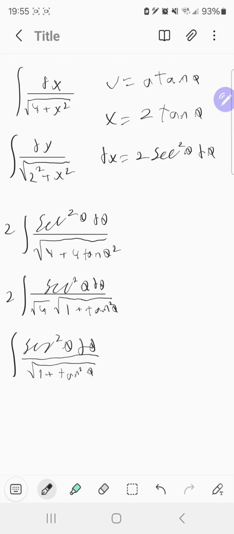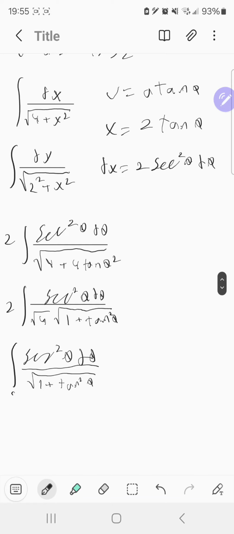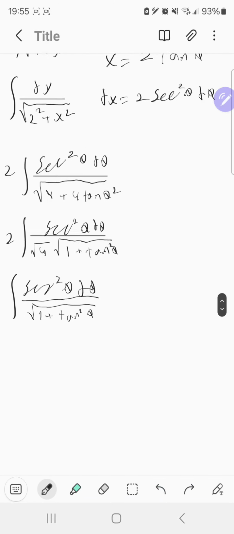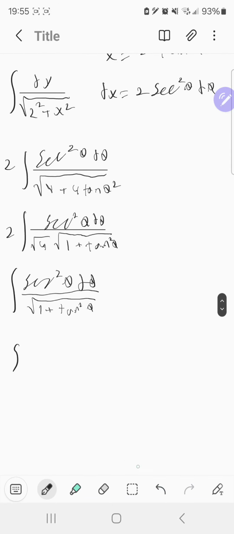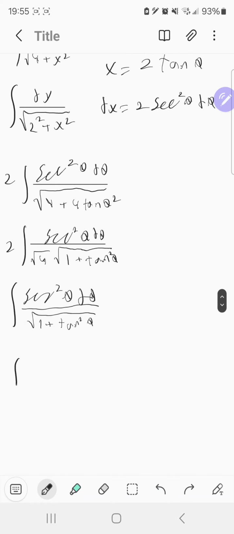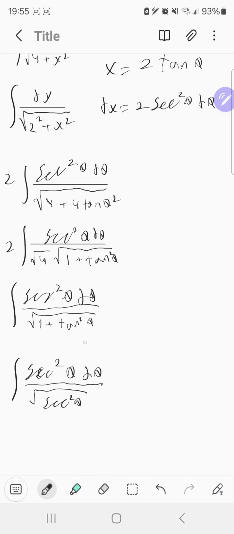Now, from this point, we can turn this 1 plus tangent squared theta into the integral of secant squared theta d theta over the square root of secant squared theta, because 1 plus tangent squared theta is also secant squared theta.